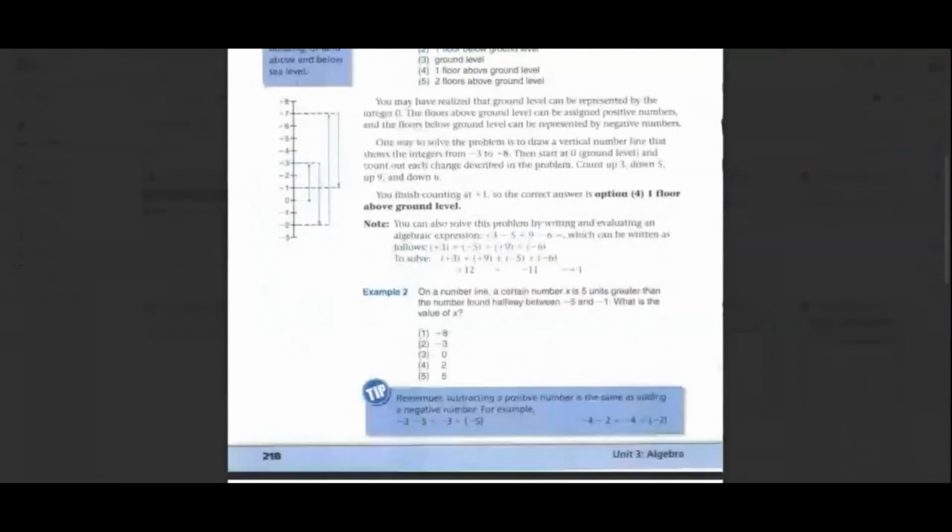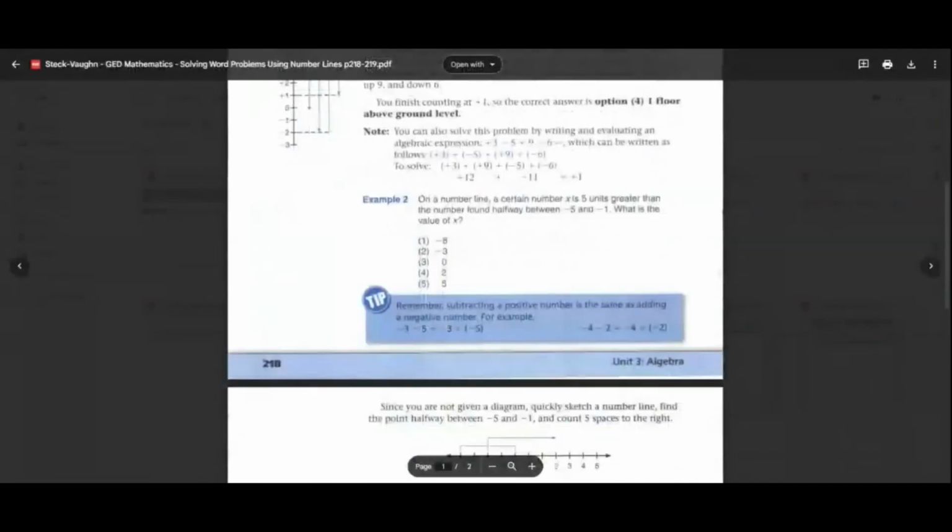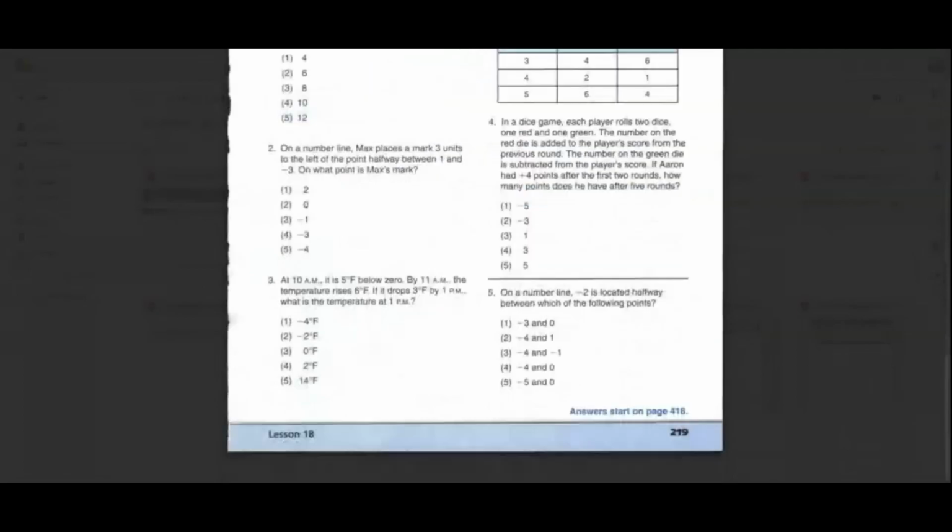So there's some example problems, and then you've got 5 multiple choice questions to look at.